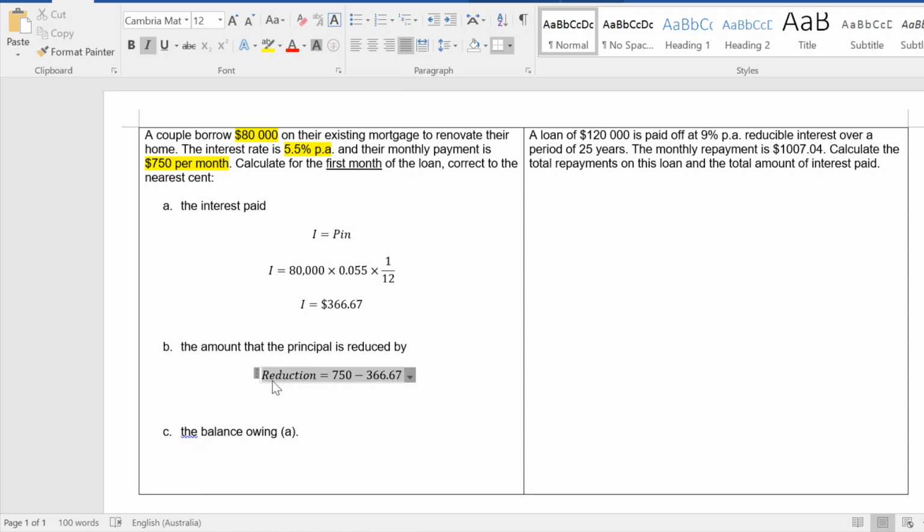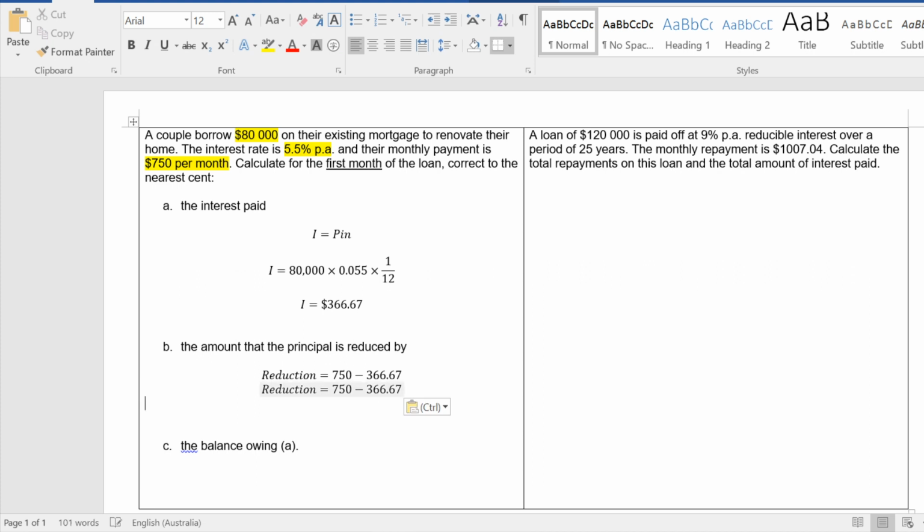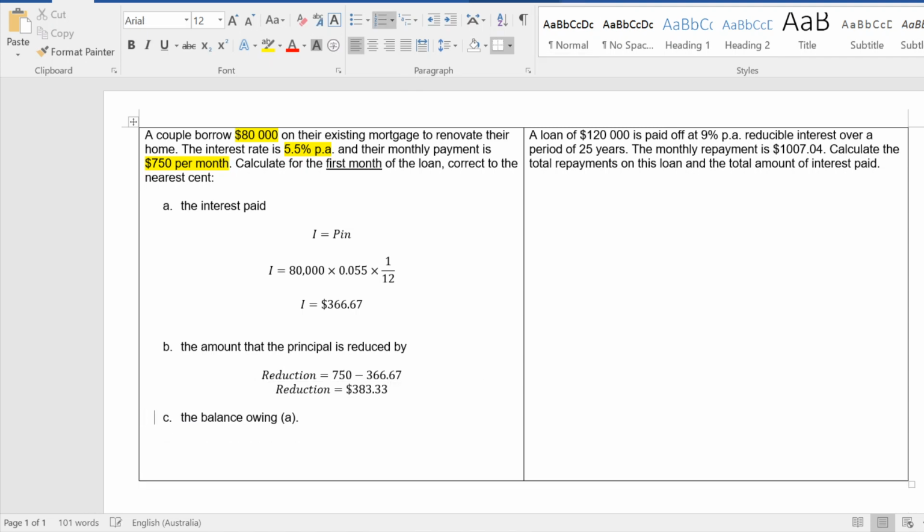And what that's going to give us is our true reduction. Okay, so that's going to be a total of $383.33. So that's the actual reduction that we're reducing this mortgage by.